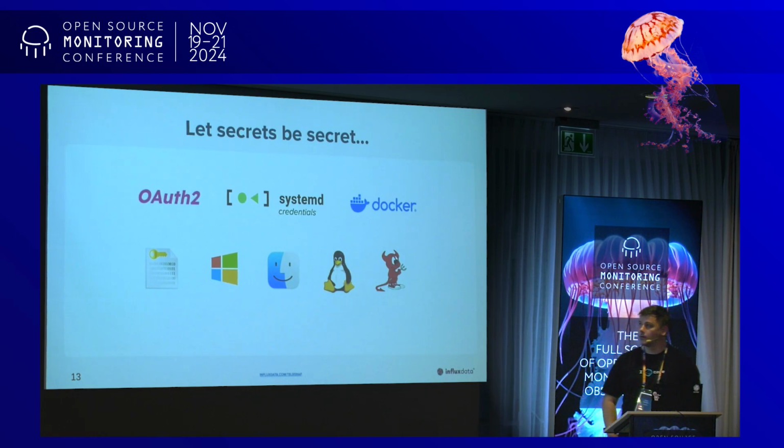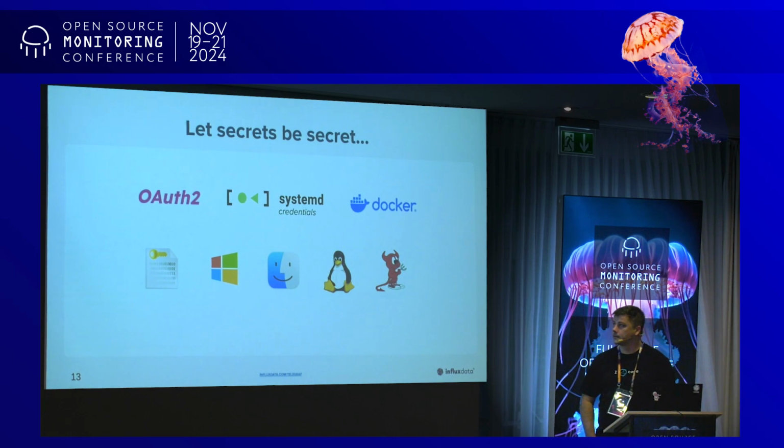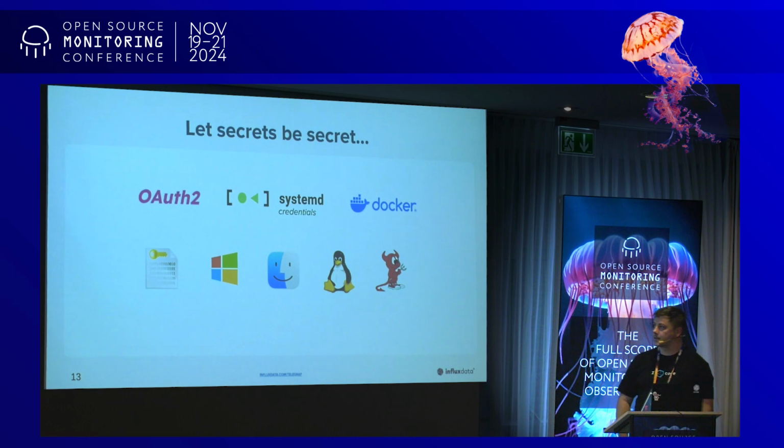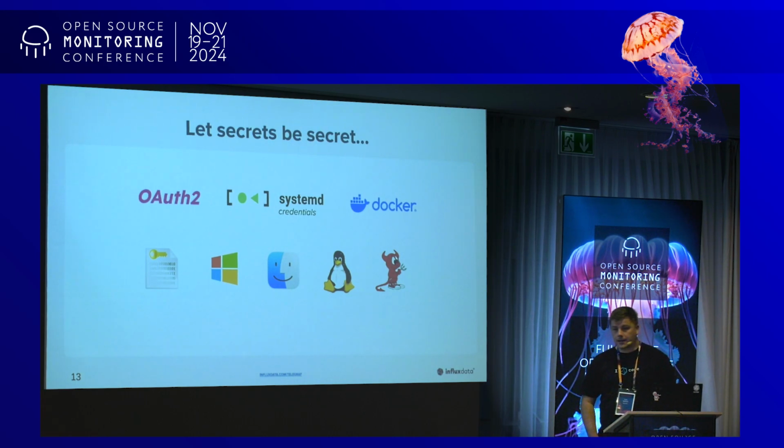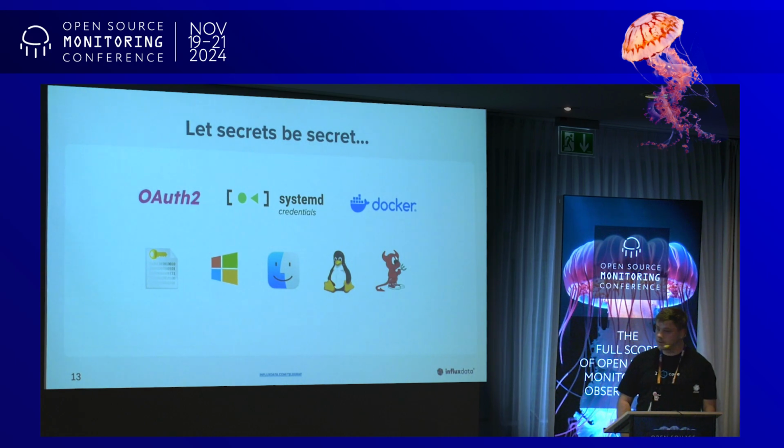Encrypted files or auth services like Auth0 or Keycloak, others that support this standard. Systemd credentials is a nice thing to start up Telegraf in an unattended fashion with the secrets being basically encrypted on disk. And also Docker secrets.